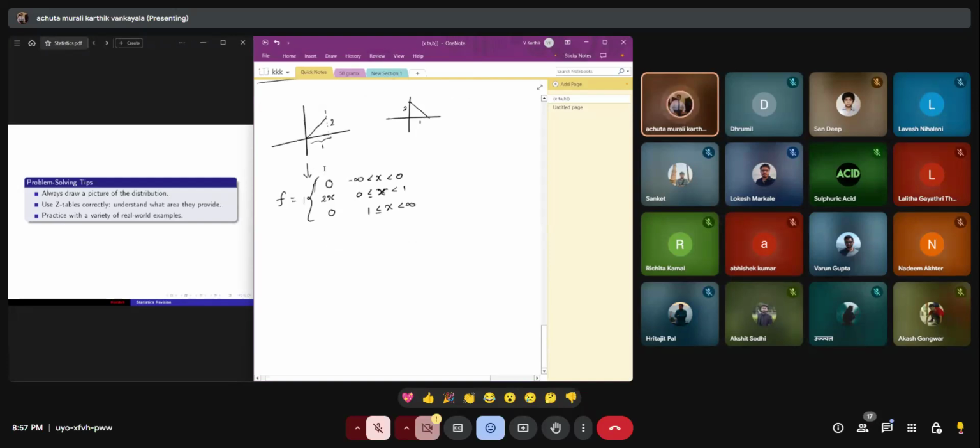You want to calculate the probability of this phenomenon occurring at less than maybe 0.5. The final probability here, this area, would be different from this area, right?